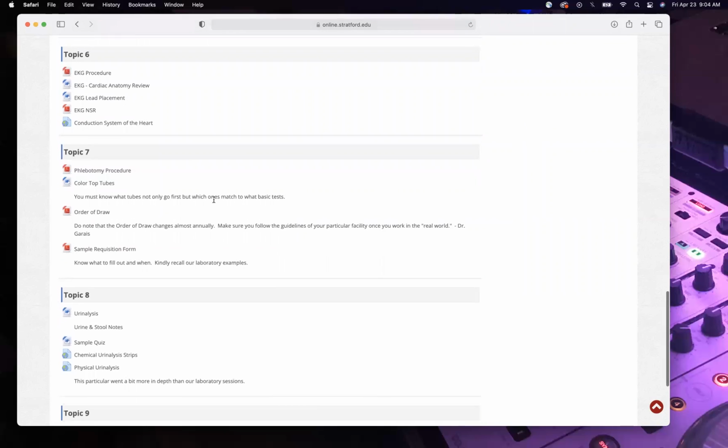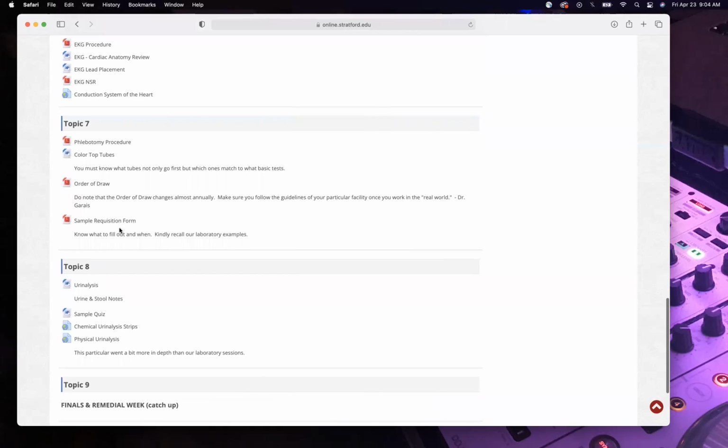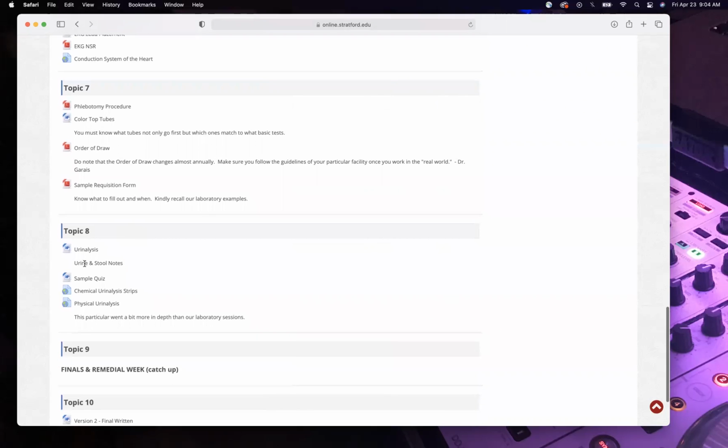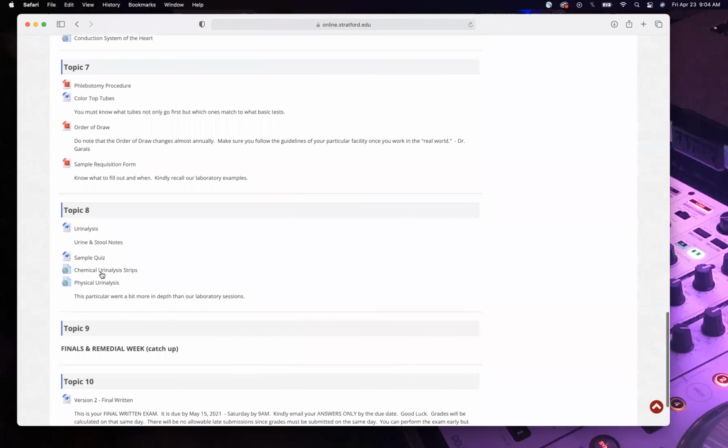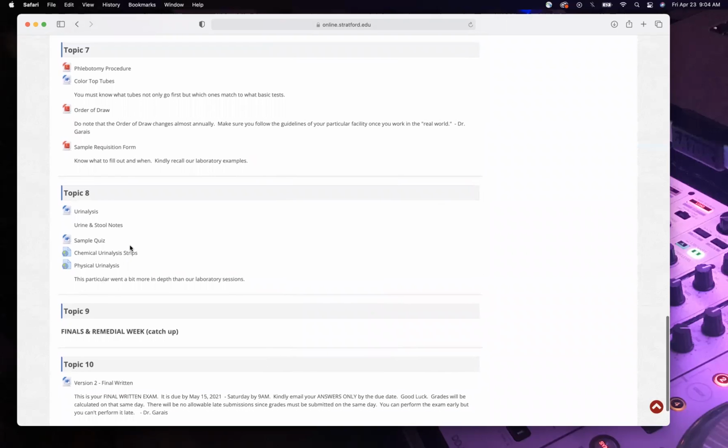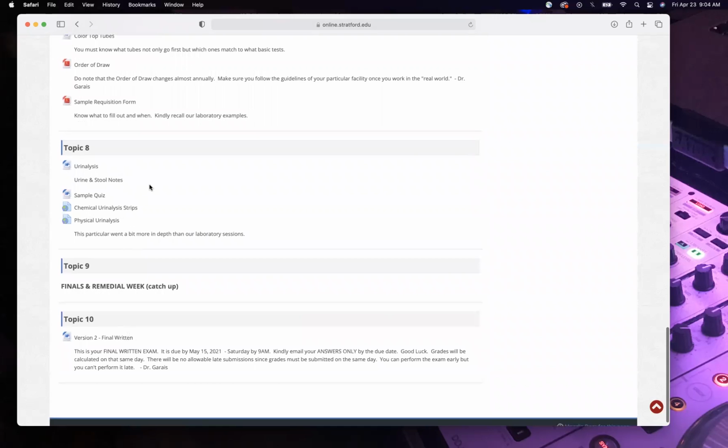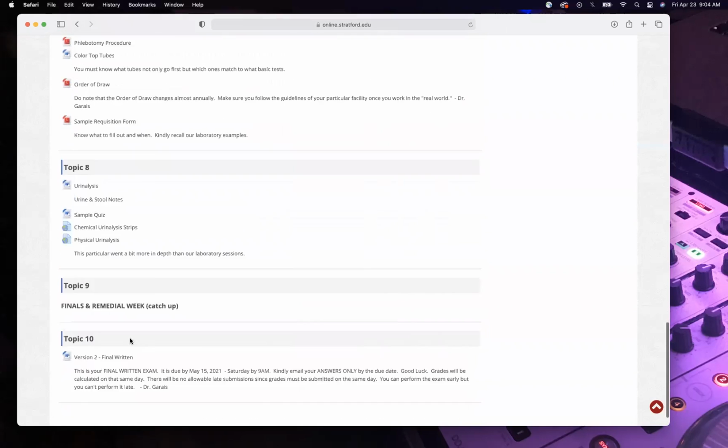Phlebotomy, I took all the anatomy and physiology stuff out, and we went just to the crux of the matter, which is color top tubes, order of draw, and how to look at and fill out requisition forms. And last but not least, urinalysis. You come to lab, I could teach you this in 20 minutes. It's more of a hands-on thing for week 8 and week 9.